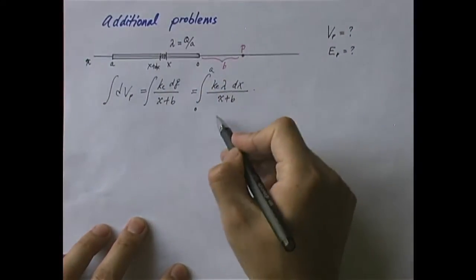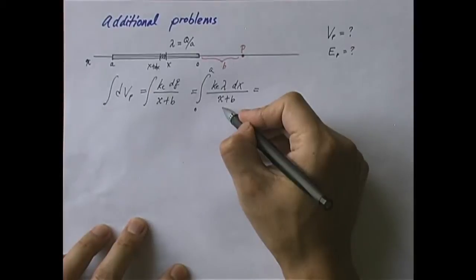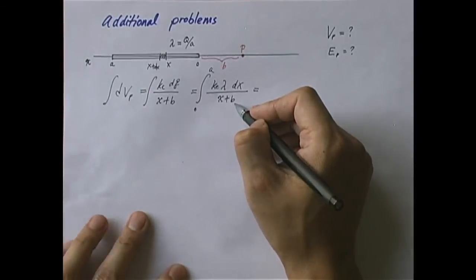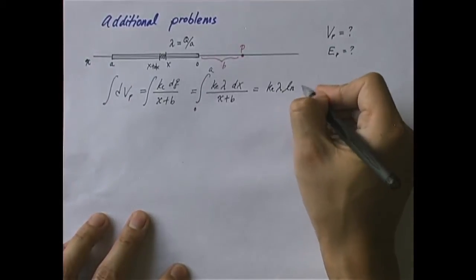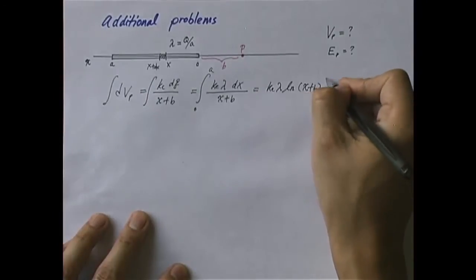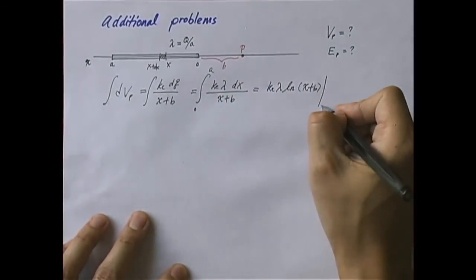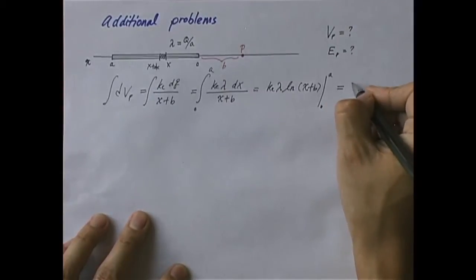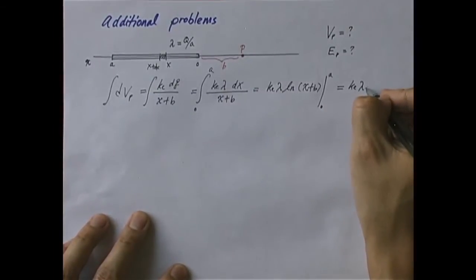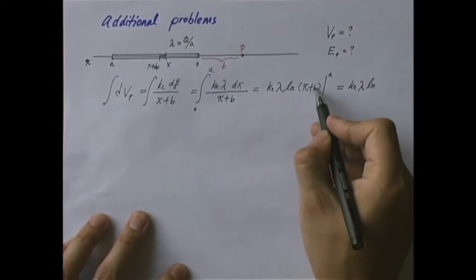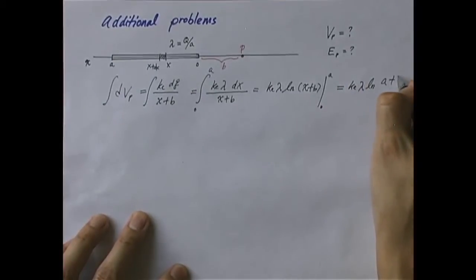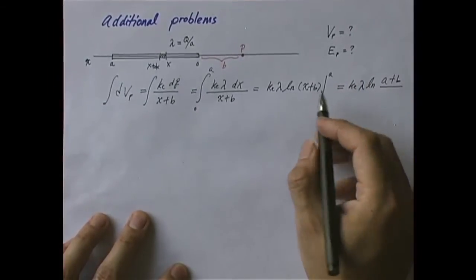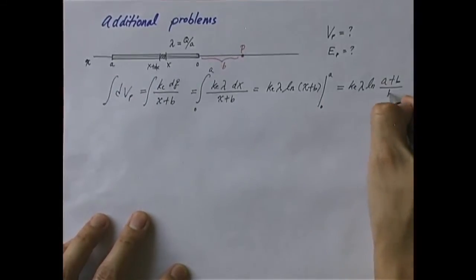All we have to do is integrate 1 over x plus b, so what you get is a natural log function. You get k lambda natural log of x plus b, where x goes from 0 to a. So the answer is k lambda natural log of a plus b divided by b. So that is our answer.